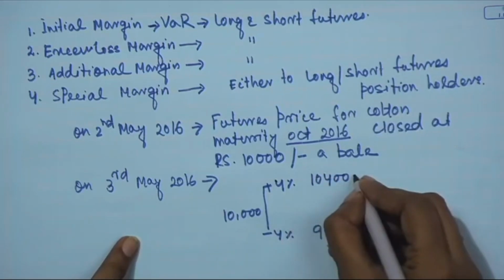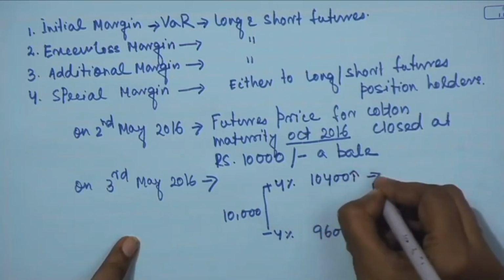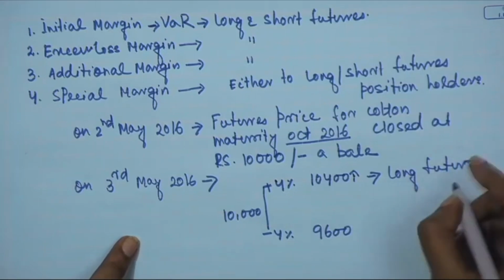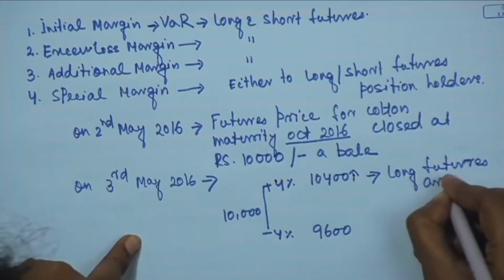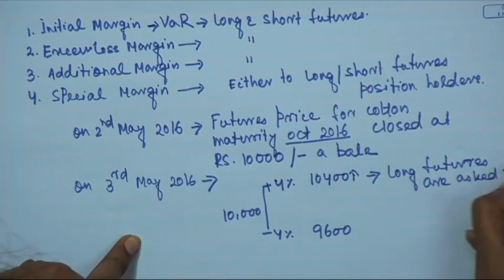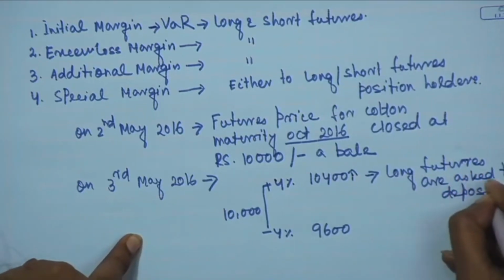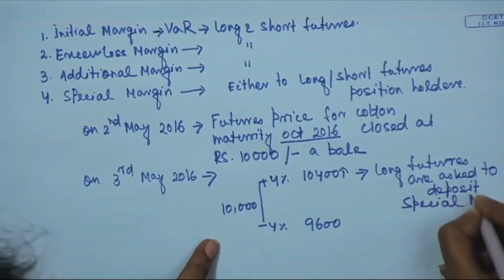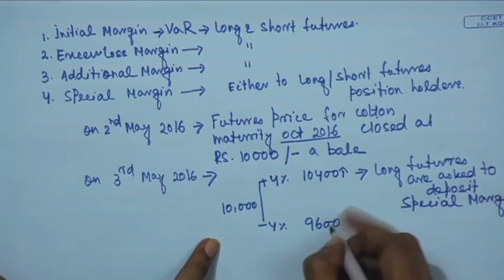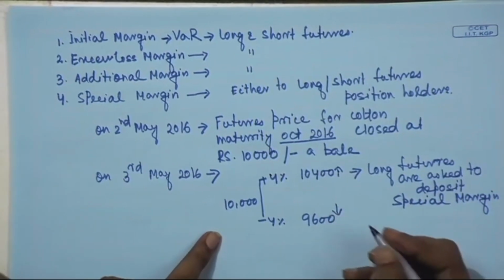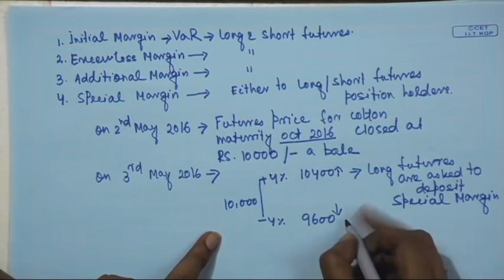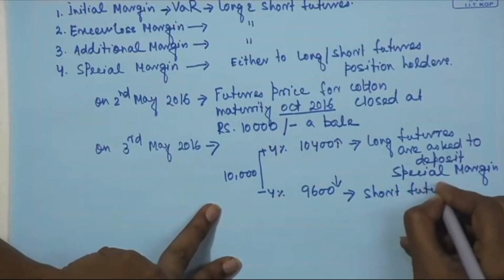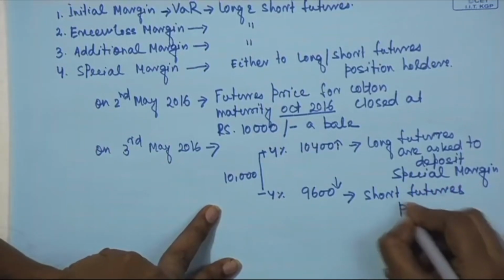Suppose the futures price touches the upper level, then long futures position holders are asked to deposit special margin. If the futures price touches the 9,600 level, then short futures holders are asked to pay margin.